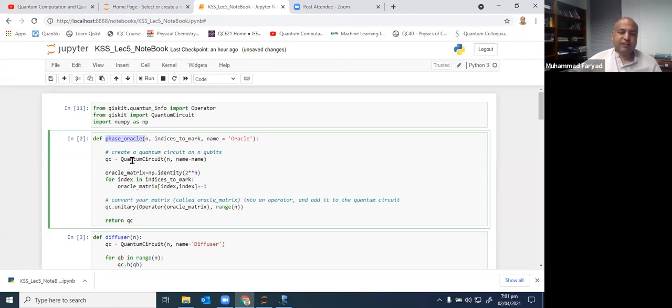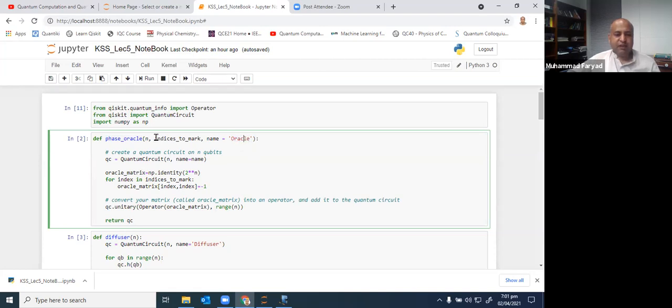Just as we define functions in other programming languages, we can define functions for these quantum circuits. So def is a way of defining functions in Python. I'm defining this function phase oracle, and it has a name. The name is fixed as oracle if you don't give any name, but if you give a name, it will keep that name.